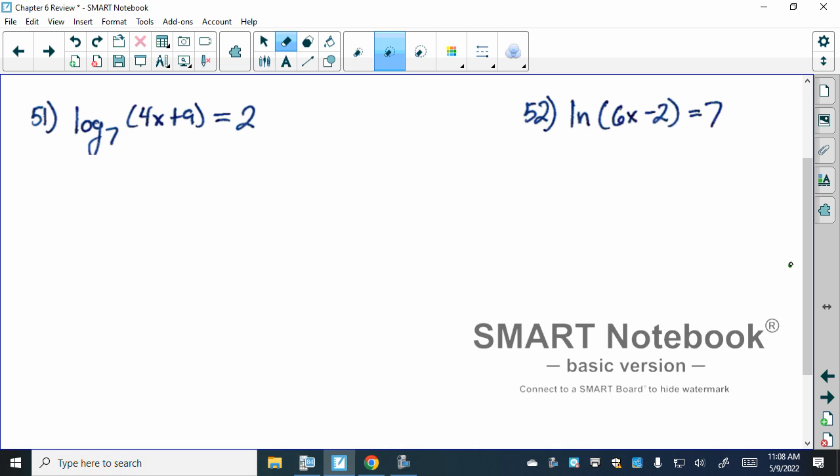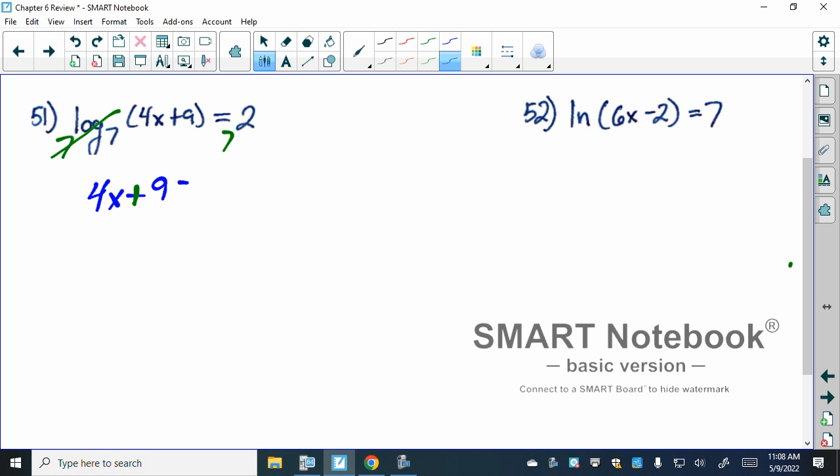Which one do we want to look at first? 51. So if I want to simplify the log, I'm going to raise both sides to the base of 7. 7 to the log base 7 will simplify out, telling us that 4x plus 9 is equal to 7 squared, which is 49.